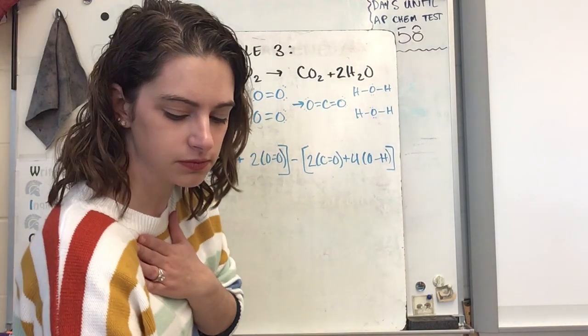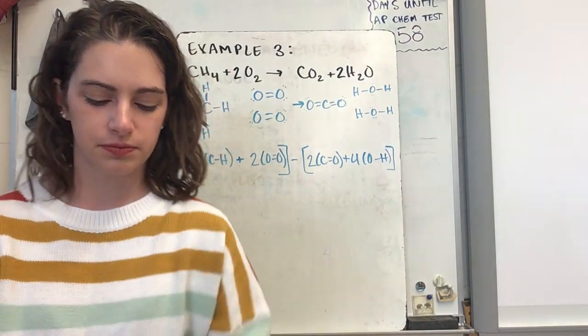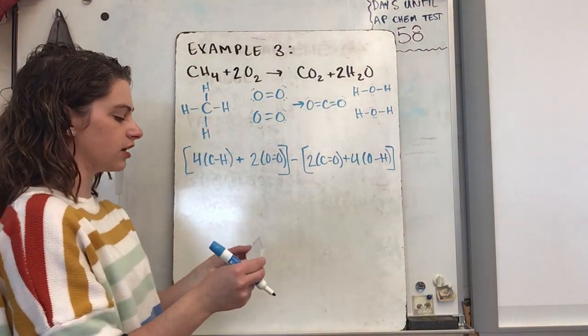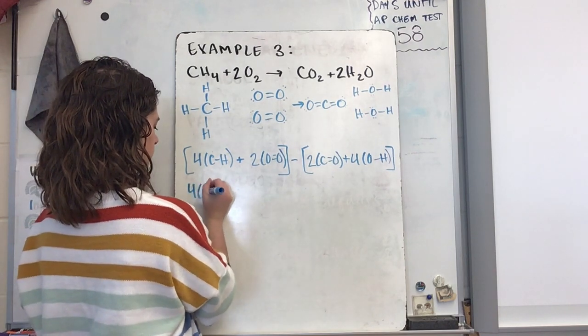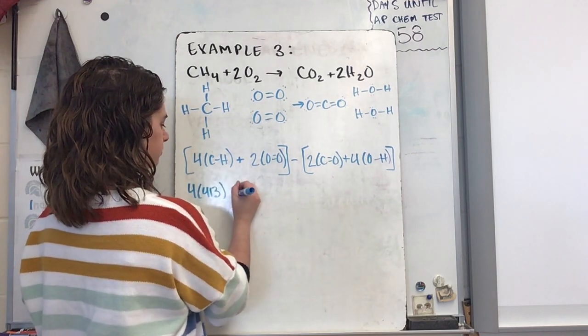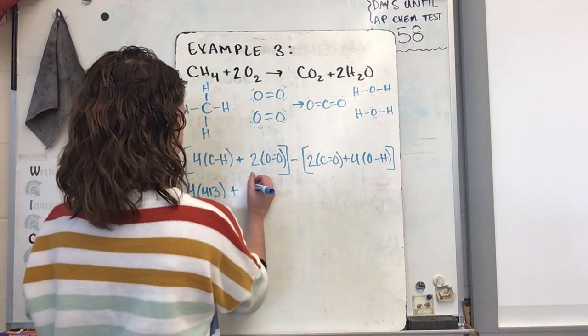Okay, so now I'm going to go to my table and I'm going to start plugging numbers in. So if I look at my table, my carbon hydrogen is 413. My OO double bond is 495.